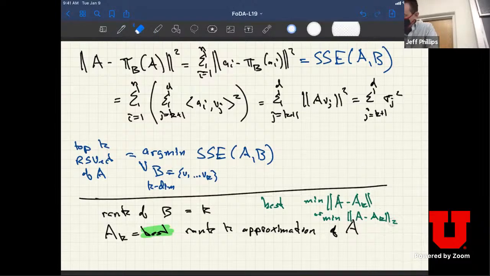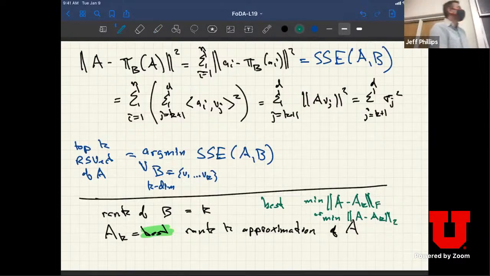Either the Frobenius norm or the spectral norm, and we'll see that the SVD gives us the best answer for either of these. The best answer is going to be the same.